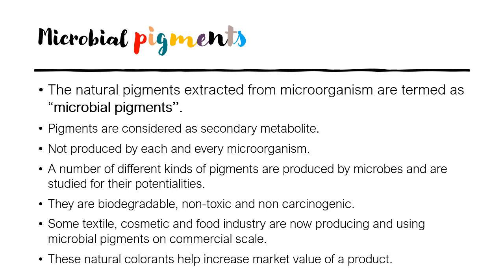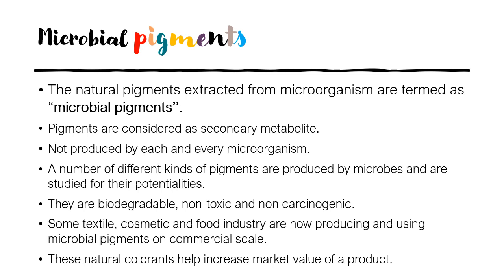Pigments are considered secondary metabolites and they are not produced by each and every microbe. A number of different kinds of pigments are produced by microbes and they are studied for their potentialities. Why is the demand for natural pigments like microbial pigments growing nowadays? That is because of their potentialities.